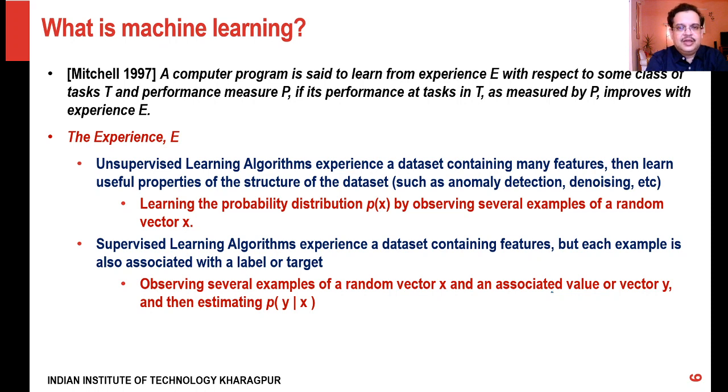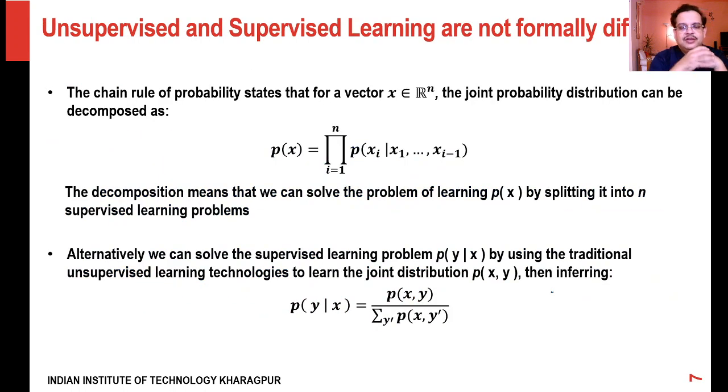Now if we look at the unsupervised and supervised learning methods, though they seem fundamentally different, the underlying problem is actually the same. It's only that we look at it from two different perspectives and therefore use different types of algorithms.